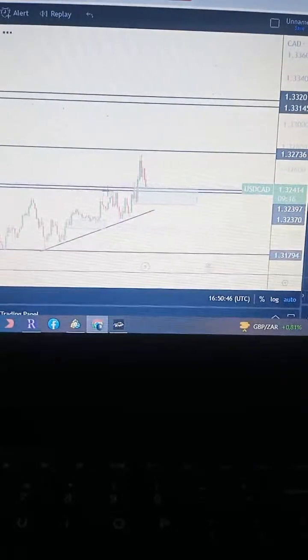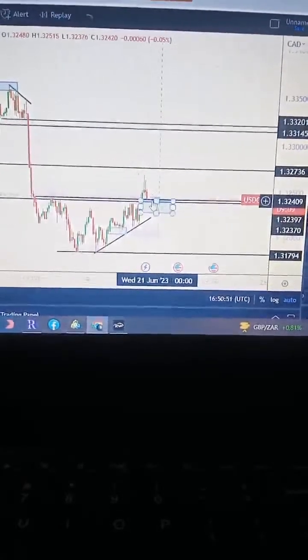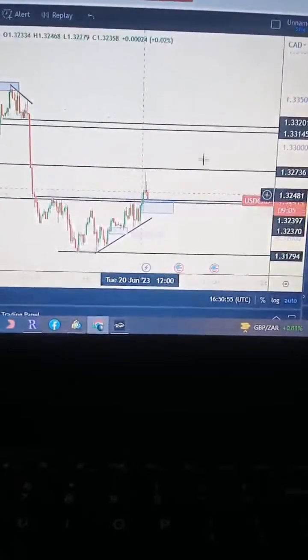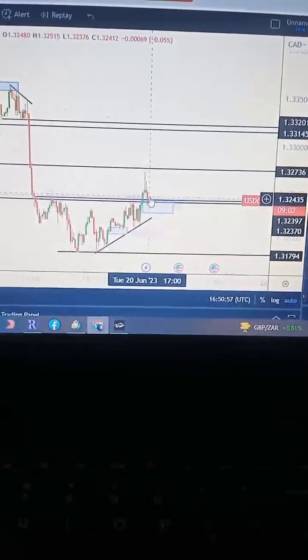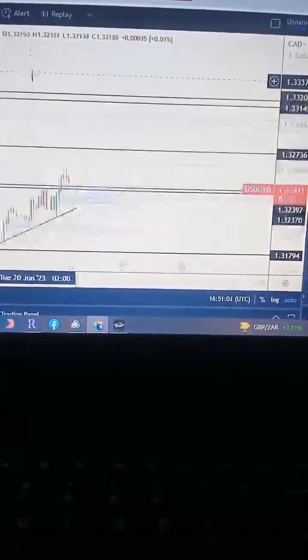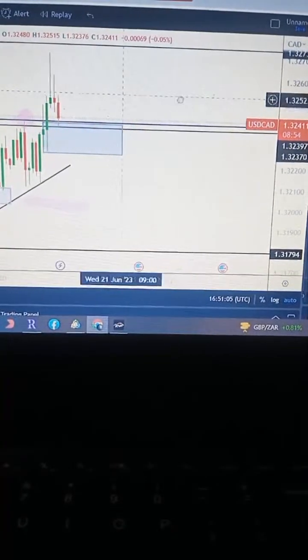Remember, you know for a fact that you have a support here. You have a broken resistance that's supposed to turn as a what? As a resistance. So the best thing that you can do, use a higher time frame. A higher time frame is always accurate compared to a smaller time frame. If you were to check, let me zoom in. Unfortunately, with you guys, I did not cover a potential continuation pattern. That is why you may not understand.